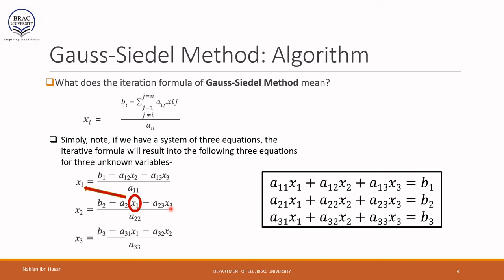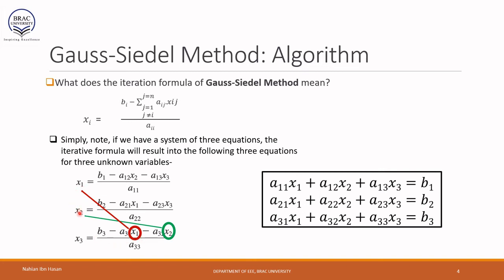Since we have not yet determined the modified version of x3, we use the initial value of x3 here. Similarly, in the third equation, we have already determined the modified value of x2 in the second case, and that is the value we use, and x1 is the one determined from the first equation.